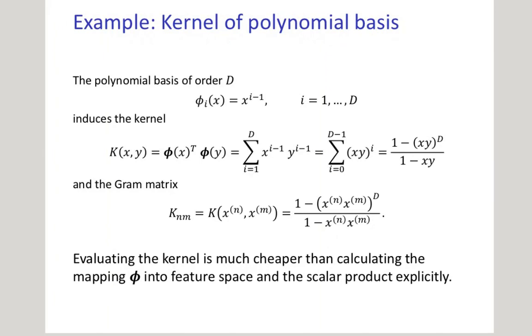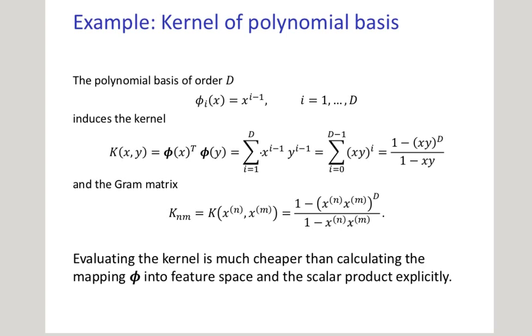Just for another example of a kernel related to something we've already seen before in primal formulation, let's look at the polynomial basis. The dth order polynomial basis induces a d-dimensional feature space. The kernel is defined as the scalar product in feature space. Thus, we must sum over the products of all features.